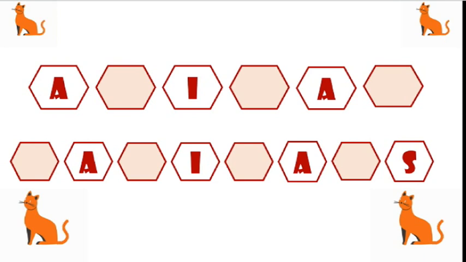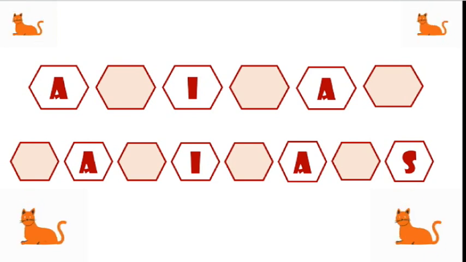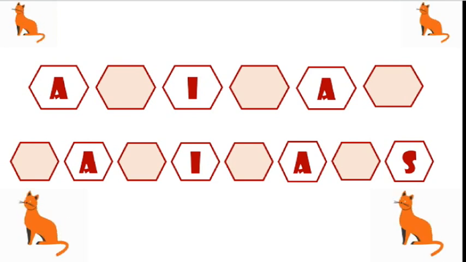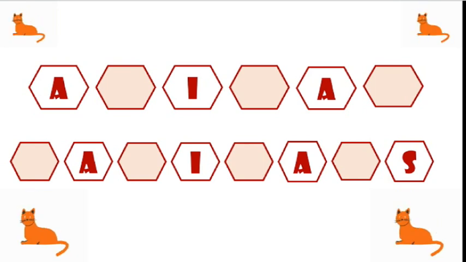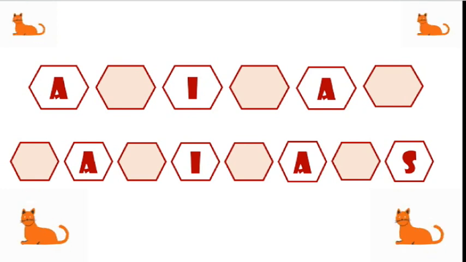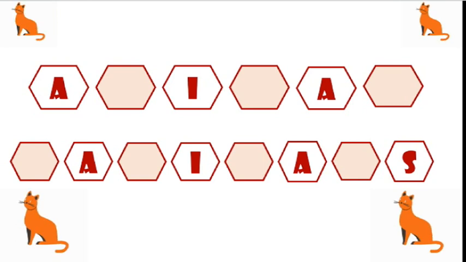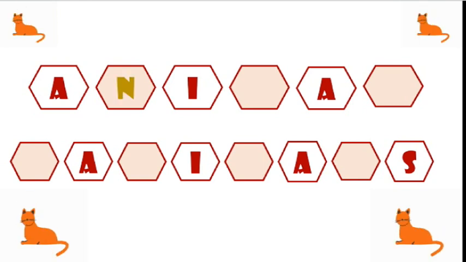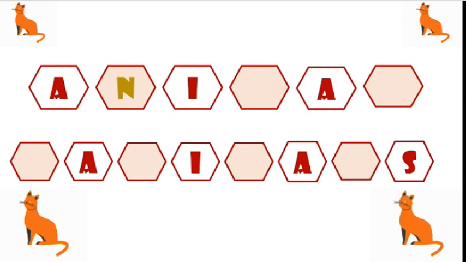Yes. So, which letter do you think will be first? Just think. Yes, it is correct. The first letter is letter N. And now we can say A-N-I. After I, which letter do you think it will be?